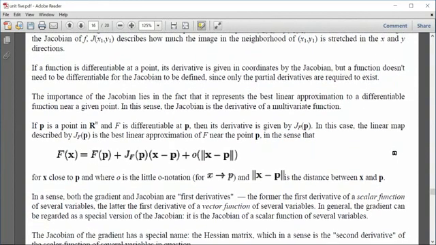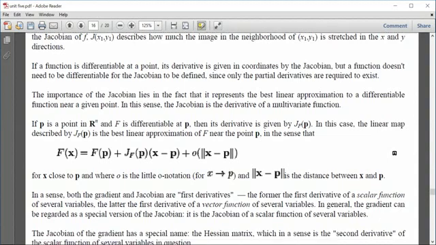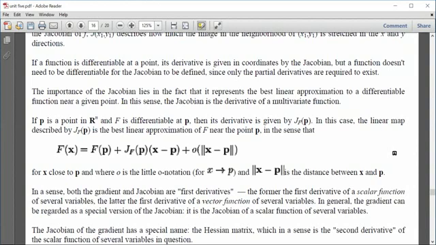Are we all together? If a function is differentiable at a point, its derivative is given in coordinates by the Jacobian, but a function does not need to be differentiable for the Jacobian to be defined.